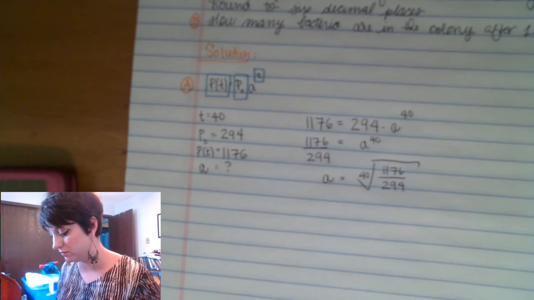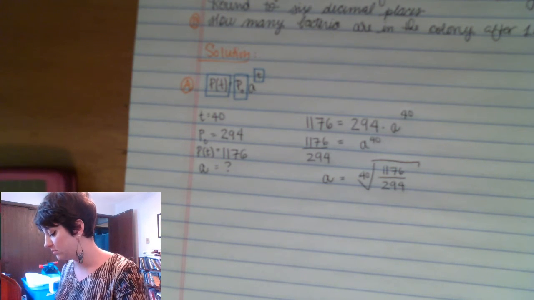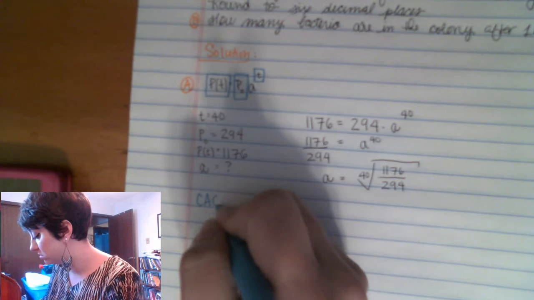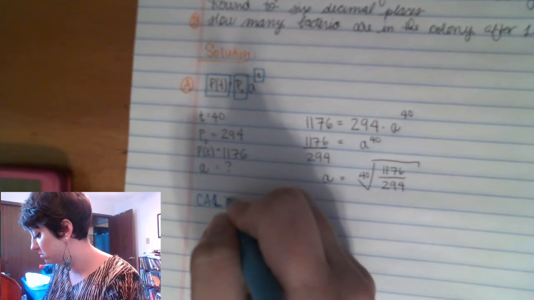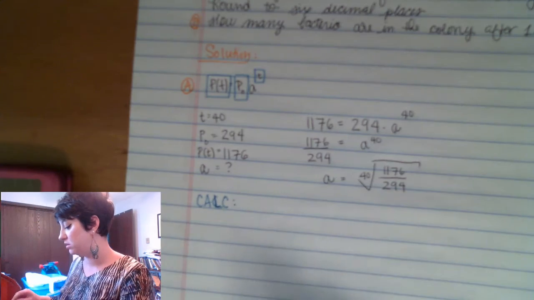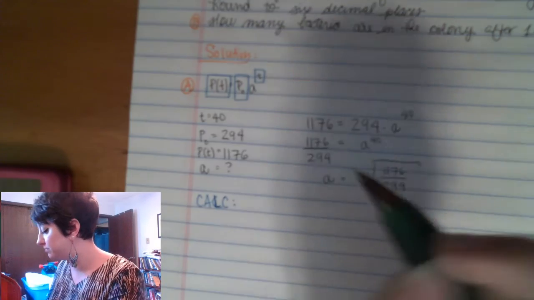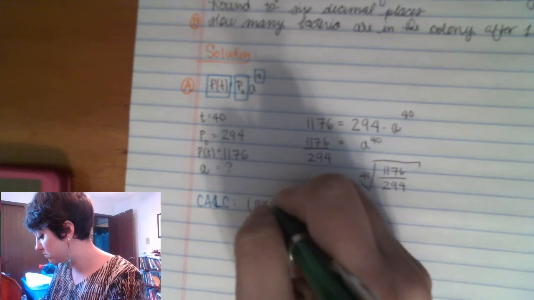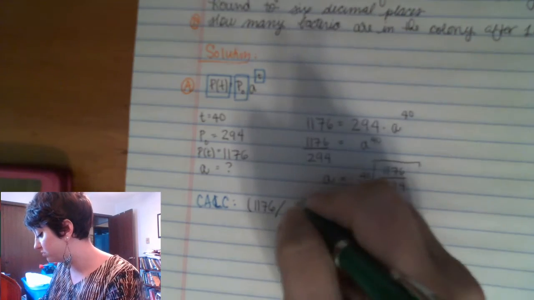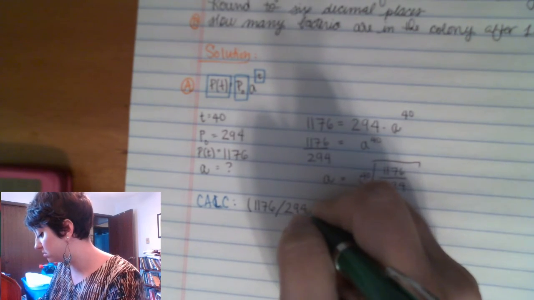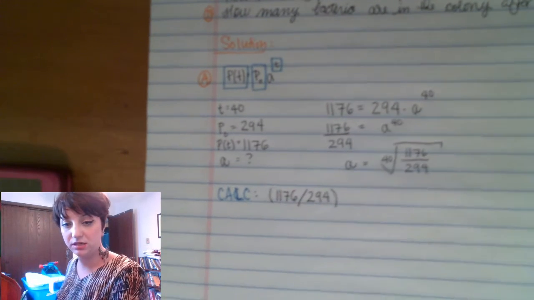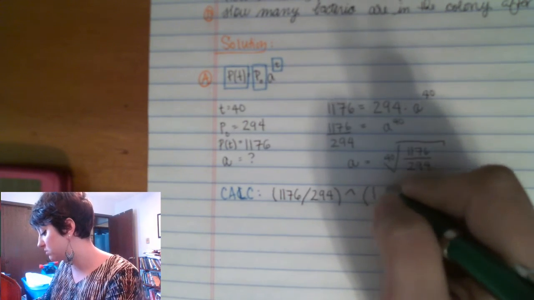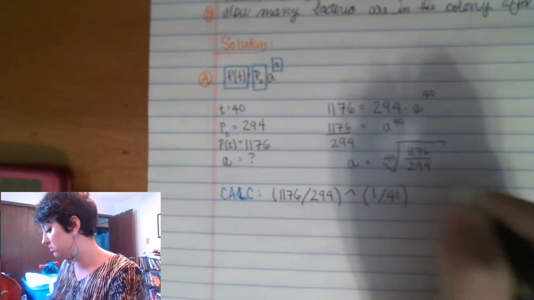This one does have a root. So, calculator. You can either write this, which is probably the easiest: 1176 divided by 294 caret parenthesis 1 divided by 40.